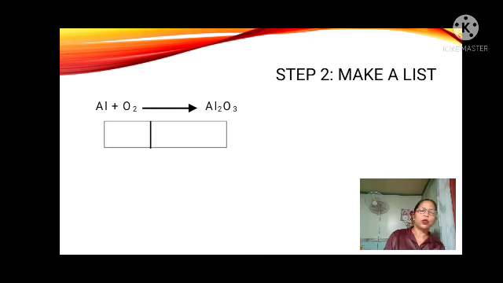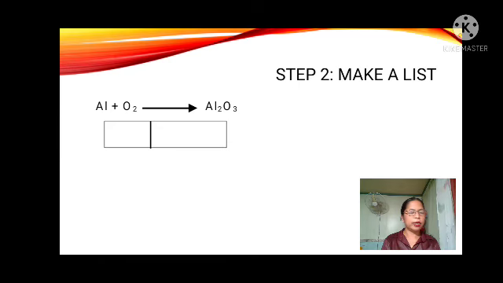Step 2, we have to make a list. Using our equation example, first we have to identify the elements on the reactant side, and the elements on the product side, on the right side.